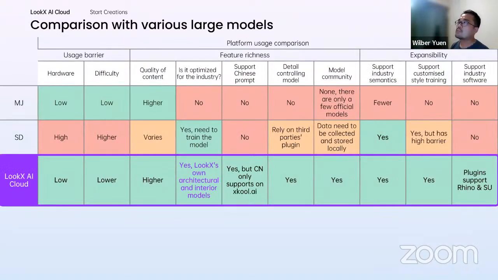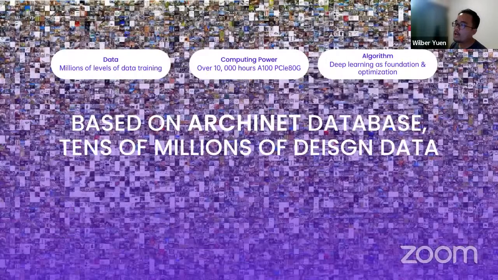Right. In the overall comparison, Logix AI Cloud is winning in a lot of ways, which is lower usage barriers, higher performance in feature richness, and also good expandability as well. So to answer why our AI model is so good, it's because we collected a lot of industrial data in the past 6 or 7 years, as Wanyu mentioned before.